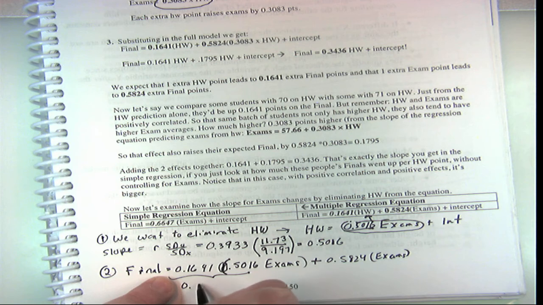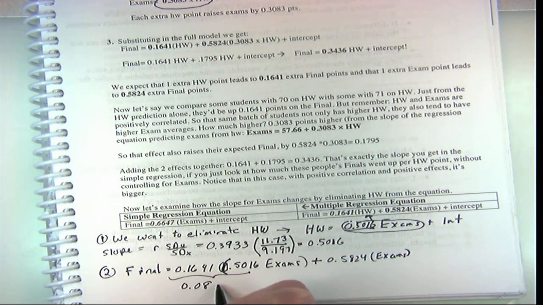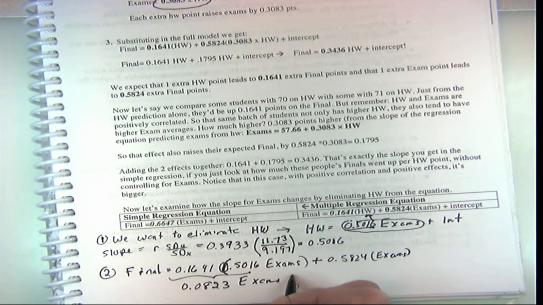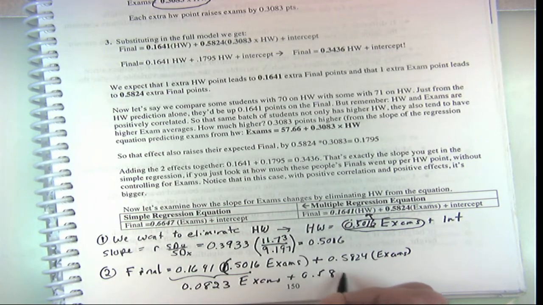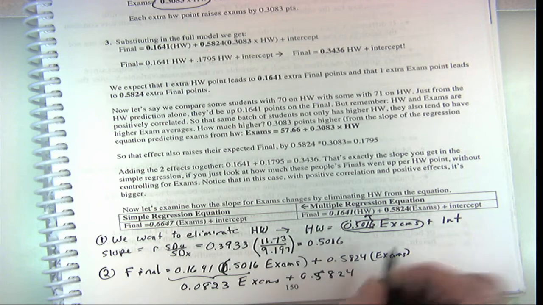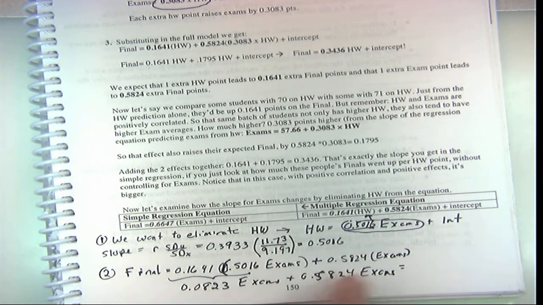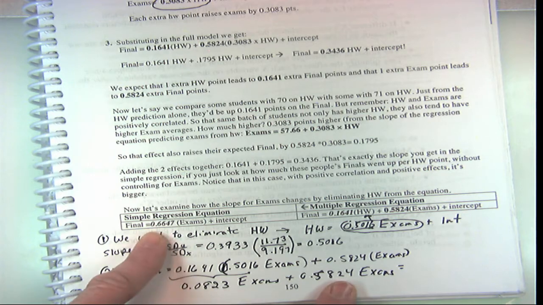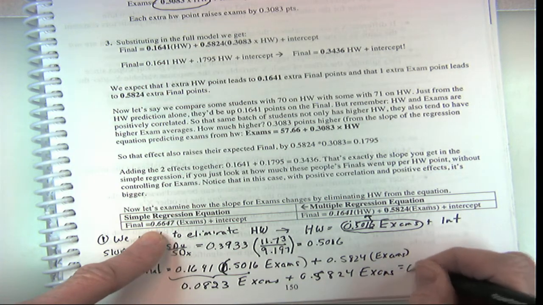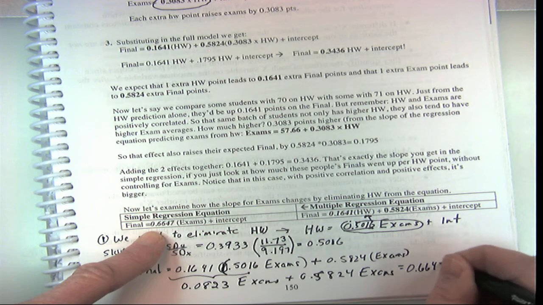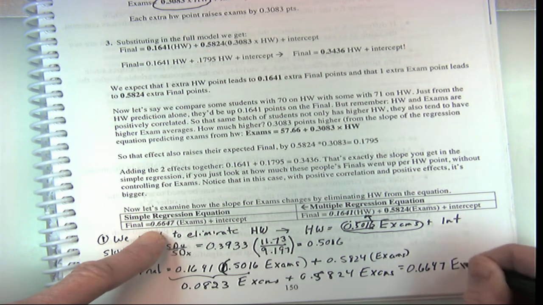Half of that would be 0.8, right? 0.823 times exams plus 0.5824 times exams. And when I add those two together, I should get 0.6647 times the exams plus an intercept.